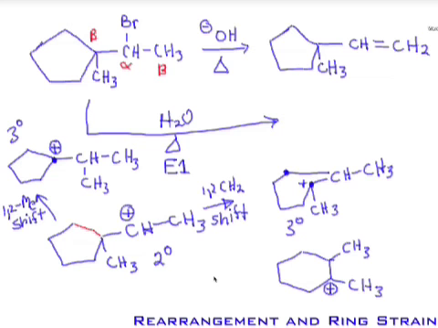By adopting the chair conformation, you get staggered hydrogens, perfect 109.5 degree bond angles. So you're not just getting a tertiary carbocation, you are getting a tertiary carbocation with reduced ring strain. This means more energy netted, and that means that carbocation is more stable.